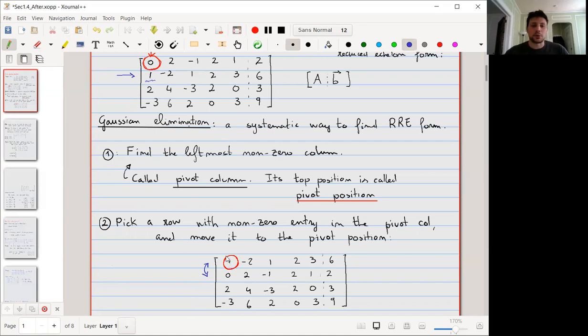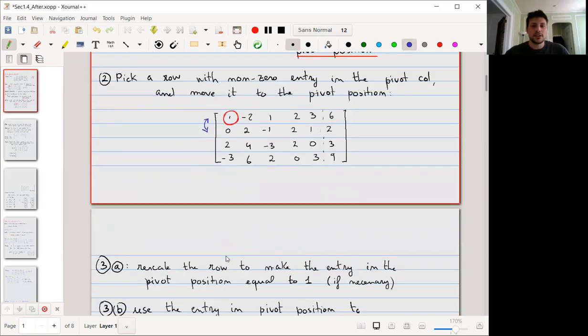The reason why that's important is that the next step is to use the pivot position and the entry in it to eliminate all other entries in the pivot column. Before doing that, there's a step labeled 3a, which we won't have to do here. We need to make sure that the entry in the pivot position is a 1.